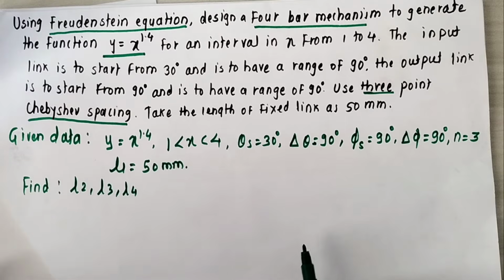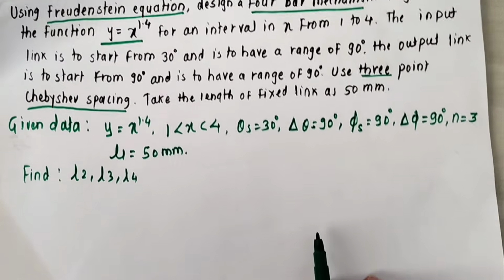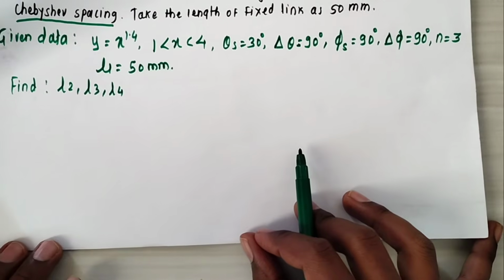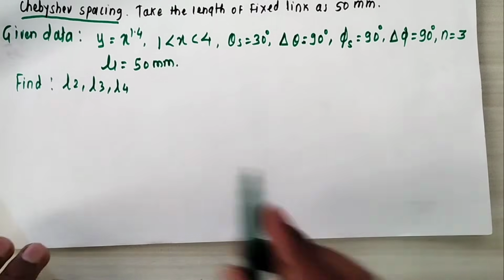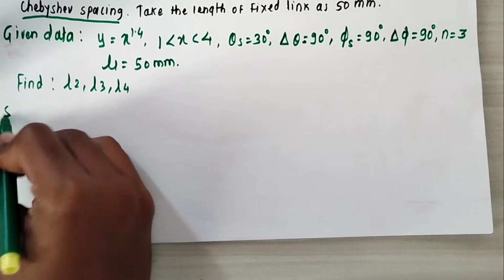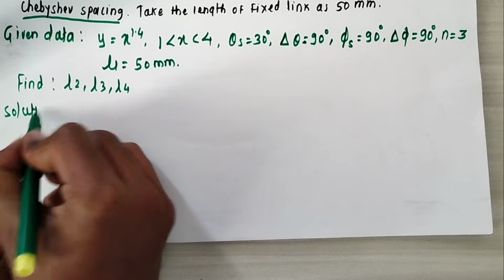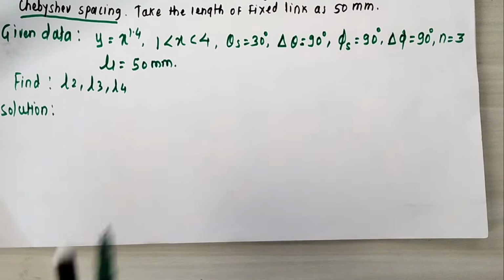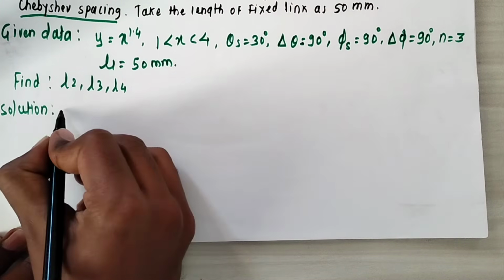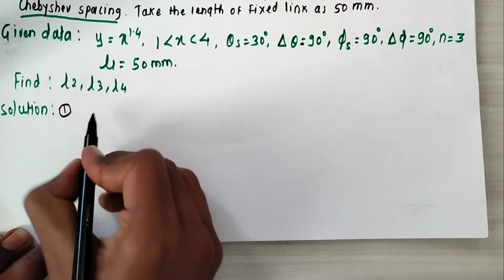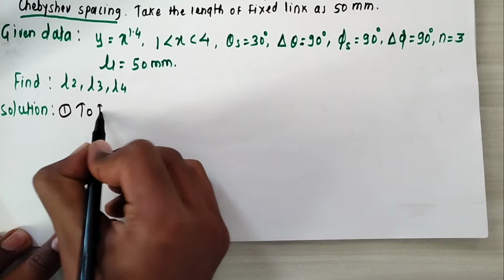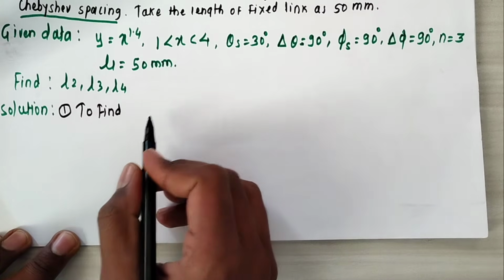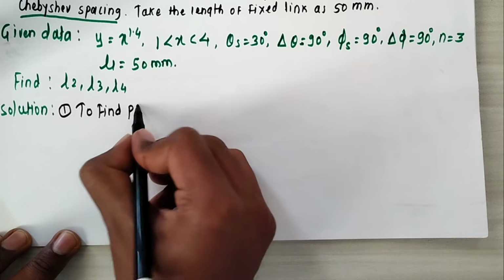So as per the procedure we discussed, in the solution part, the first step in solving this problem is to find out the precision points. So step number 1 is to find precision points.